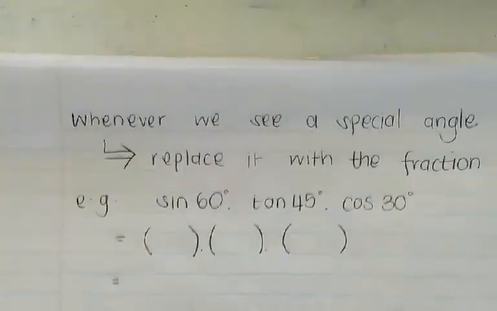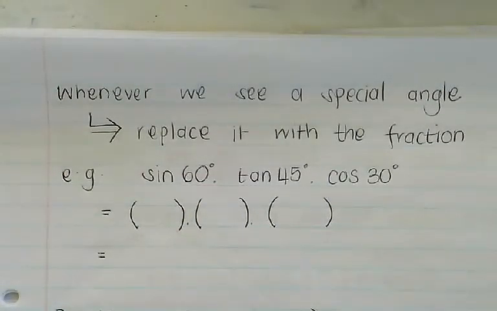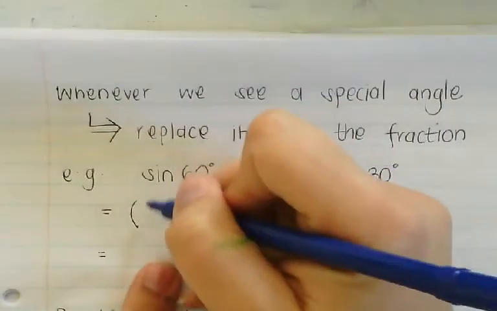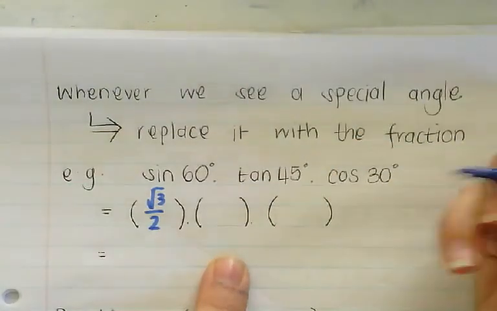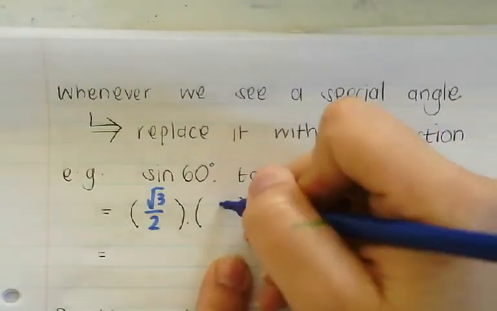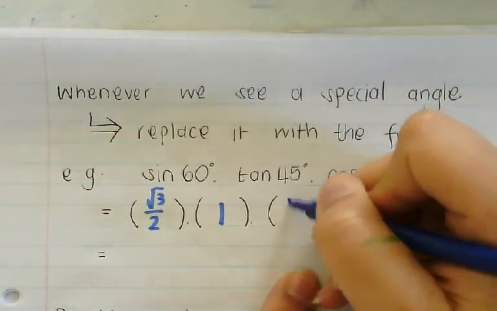Okay. So whenever we see the special angle, we replace it with the fraction. So sine 60 is? We can obviously look it up right now. Tan 45. Cos 30.